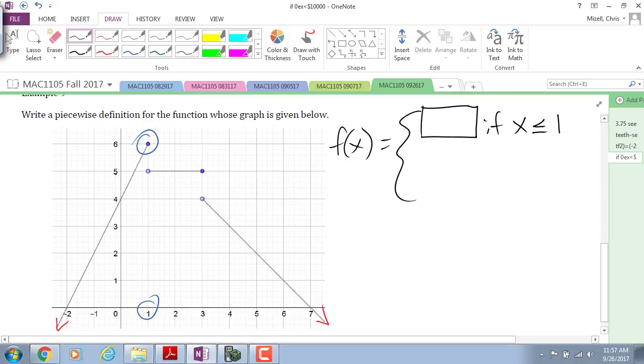Can we look at this piece of a straight line and determine its slope? Can we do it by using the points? Just kind of pick a couple of points on there.